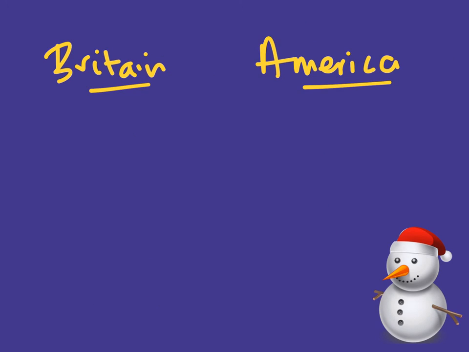For part B, we've got the answer in pounds for Britain. We've got the answer in dollars for America from part A. Now it's not easy to compare them because they're different currencies. So what I'm going to do is change the dollars into pounds. And how am I going to do that? I'm going to divide by the exchange rate.